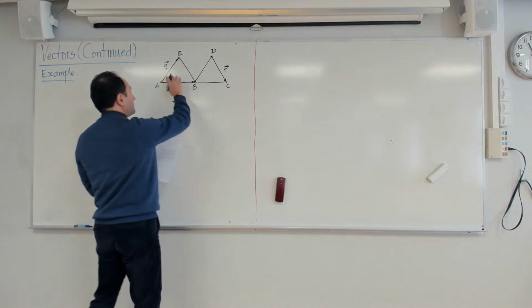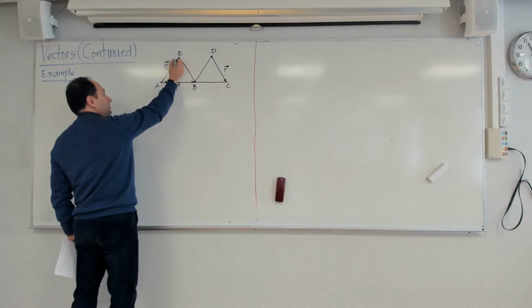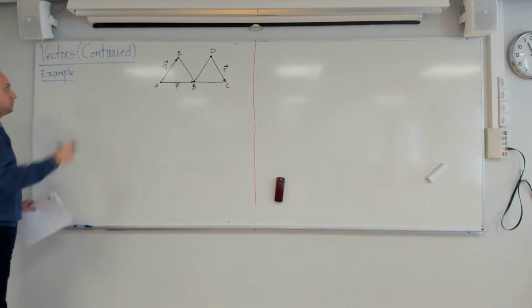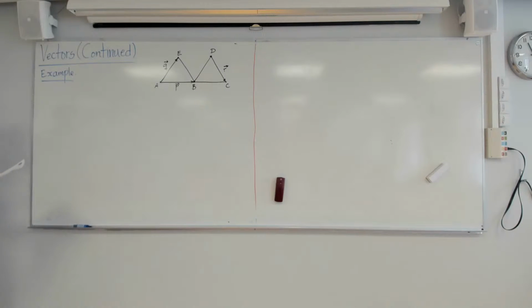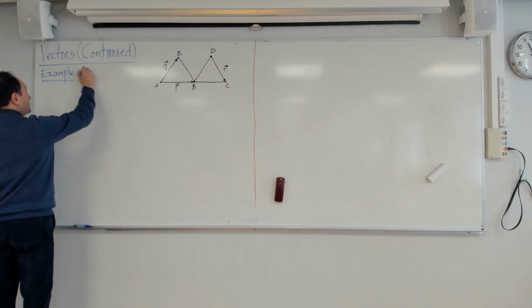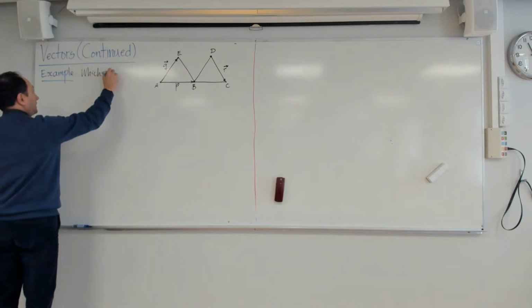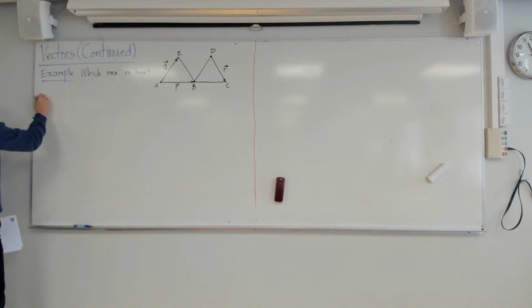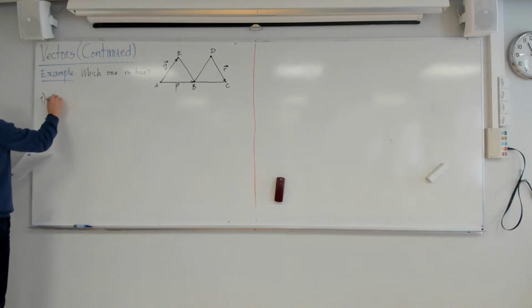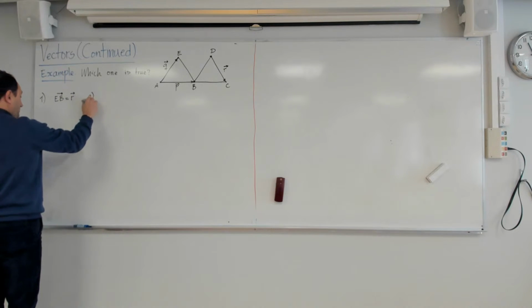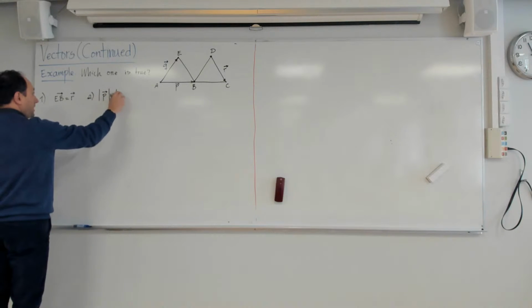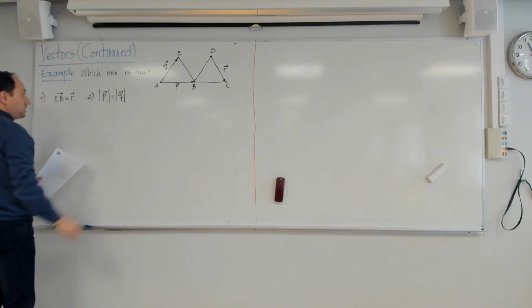This is a very simple example. So I have two identical equilateral triangles lying on the same line. And then I have given you these vectors on this figure. And then I was asking you which one is true. Number one, we have EB equals R. Number two, the magnitude of P is equal to the magnitude of Q, or the size or the length.